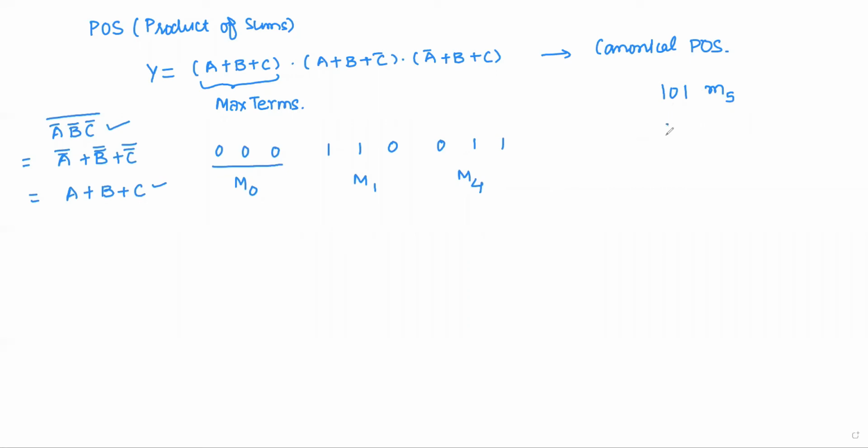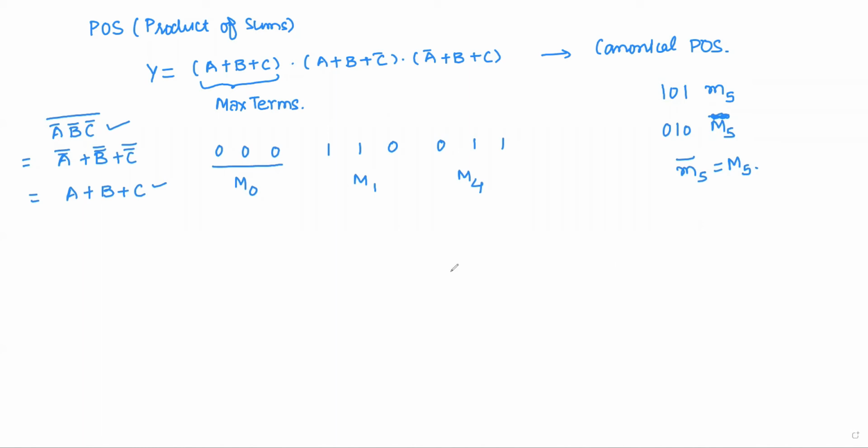So just complement it, and this is your max term. Or in other words, we can say M5 bar is equal to M5. So min term is the complement of max term, or max term is the complement of min term, vice versa.